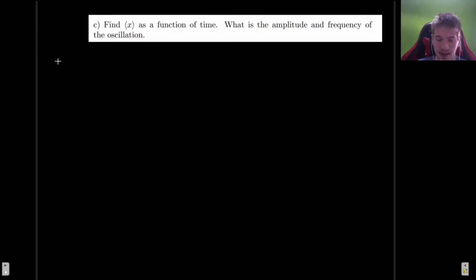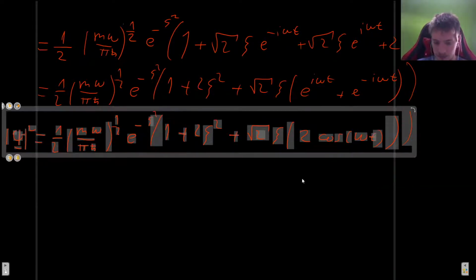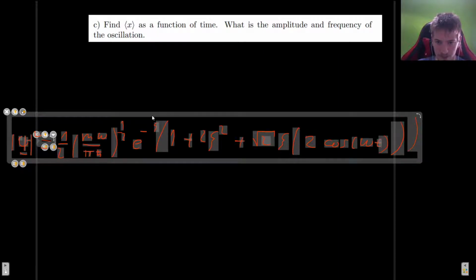So part C asks us to find the expectation value of x as a function of time, and then to determine what is the amplitude and frequency of the oscillation. So let me go back, take this result and take it with me. So there we go.